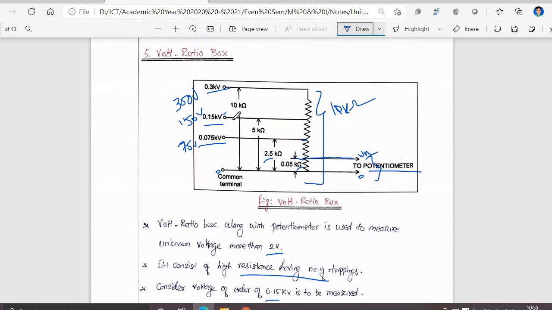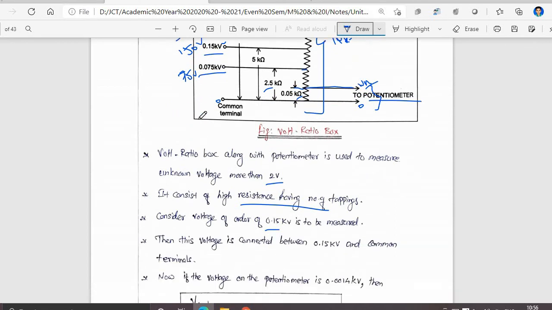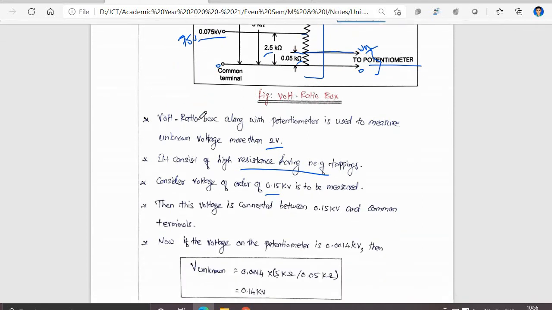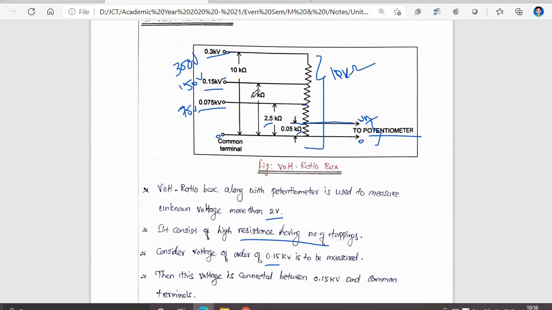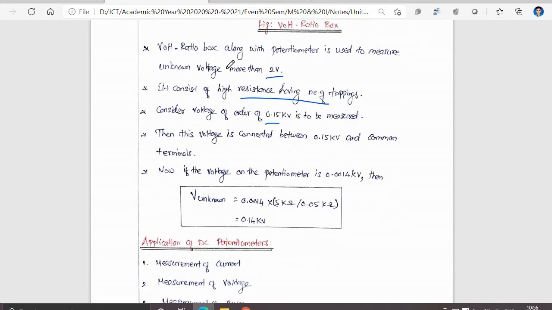First we have to select the tapping in the circuit, the 0.15 kV, and this voltage is connected between the 0.15 kV and common terminals. So first we connect these 2 points, the common point and 0.15 kV.